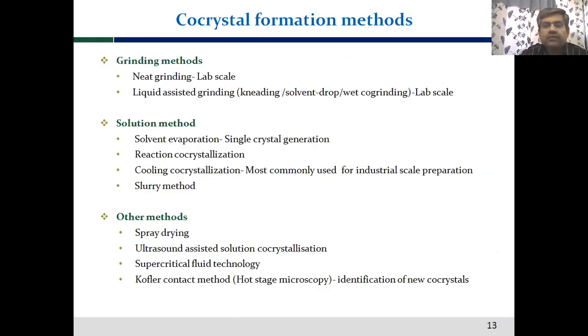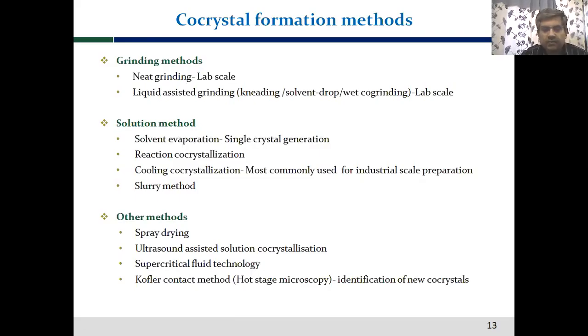Now, the formation of the co-crystals can be done through various means. So the first and foremost, most common method that is used at the lab scale is the neat grinding method, wherein you take the drug and the co-former and then grind them in a mortar and pestle to get the co-crystal. And the second way is liquid assisted grinding.